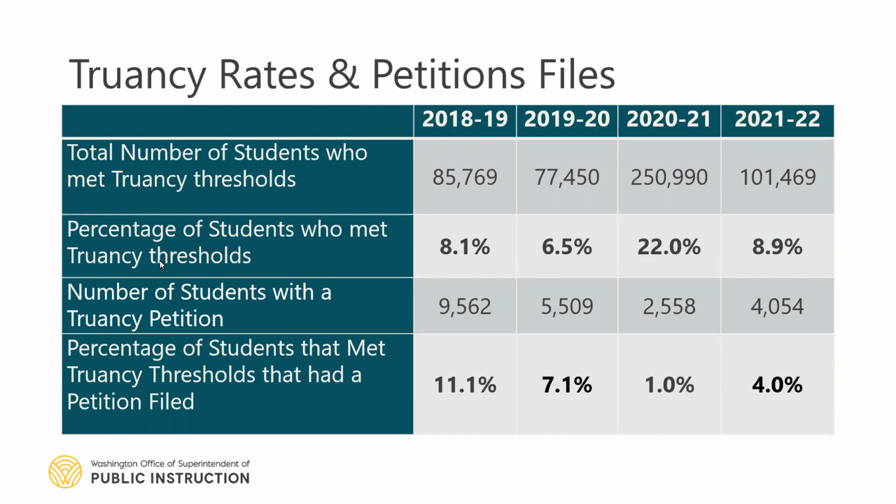The number of students that had a petition filed were 4,054 students. That represents, of all the students that met the truancy thresholds, 4% of them had a truancy petition that was filed. That percentage has gone up since 2021 when OSPI rules really impacted school district filings, but it's significantly down from prior to the pandemic.